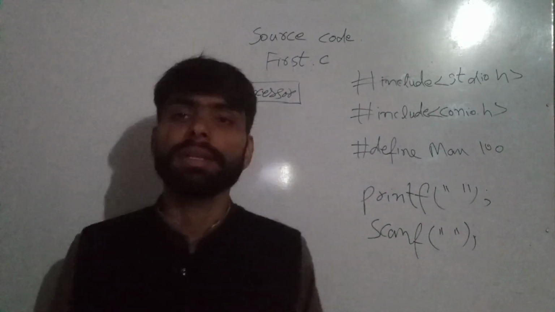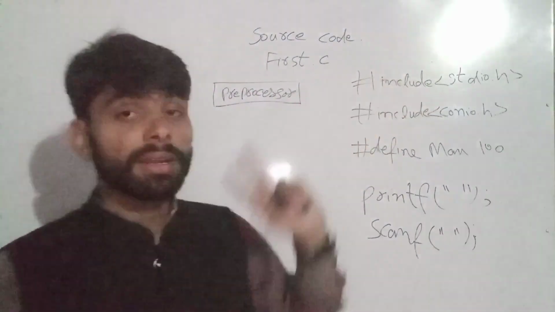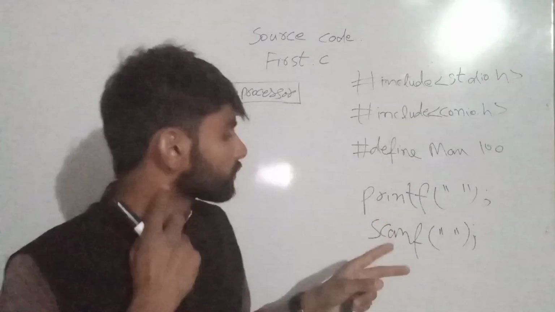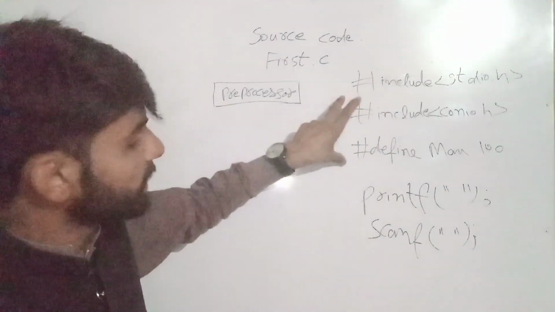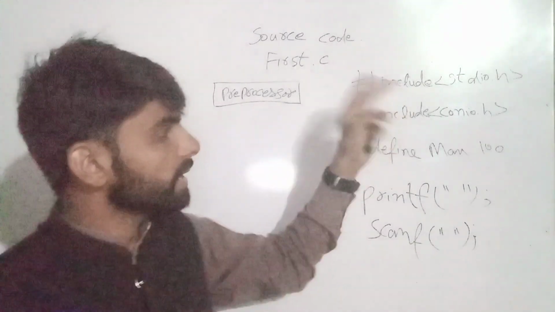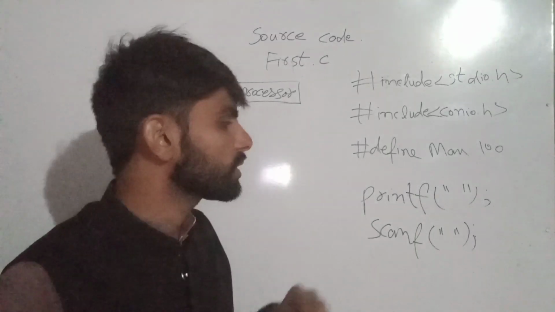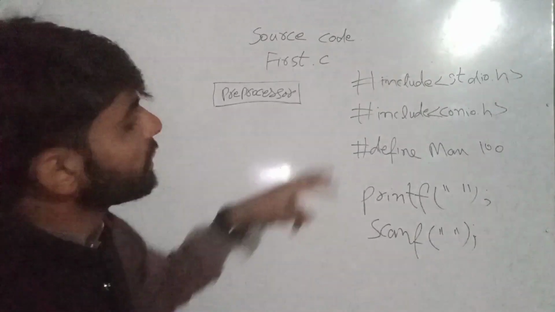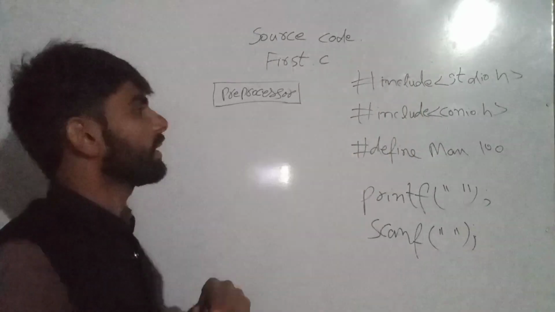When you install new software on your computer, these libraries are already installed in the C directory on the Windows disk, right? When these lines are translated, the program is linked to this library, and we can use any function of this library in the program, right? So preprocessor directives call those library files.